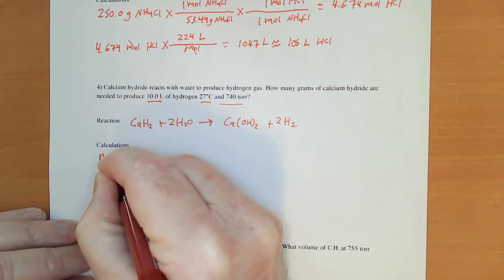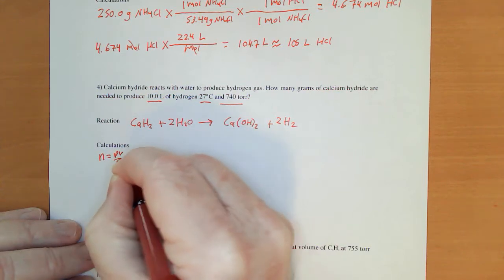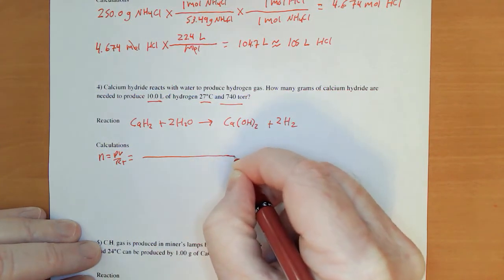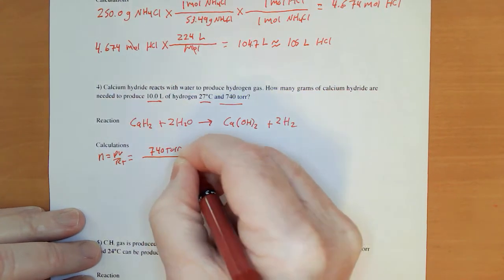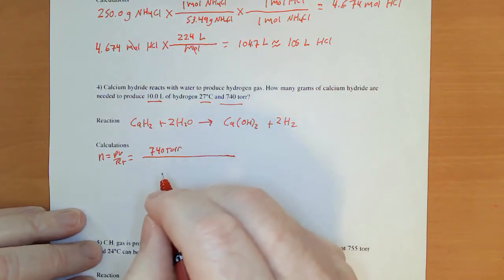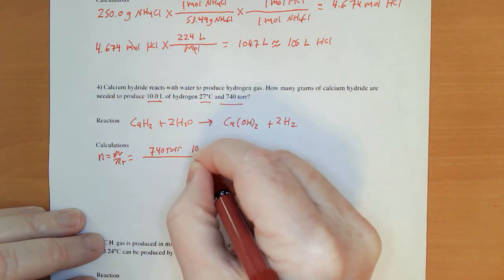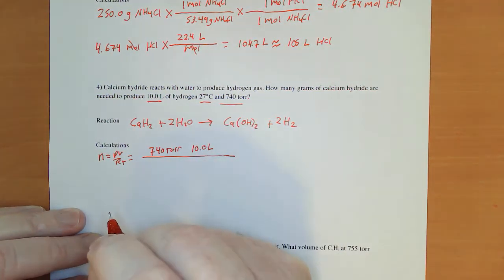So n is PV over RT, which is going to be 740 torr. Now my volume for this is 10.0 liters.